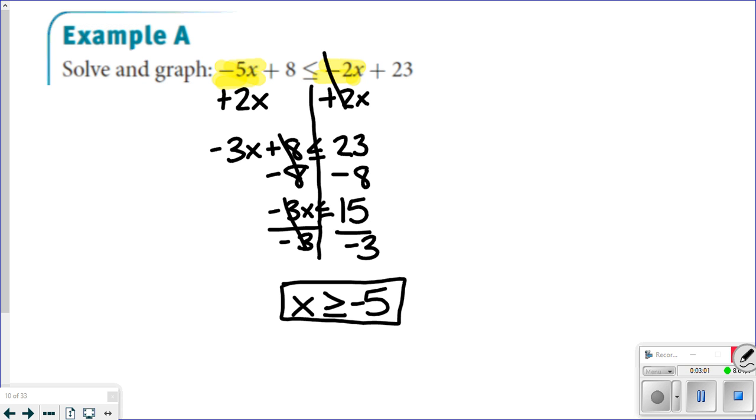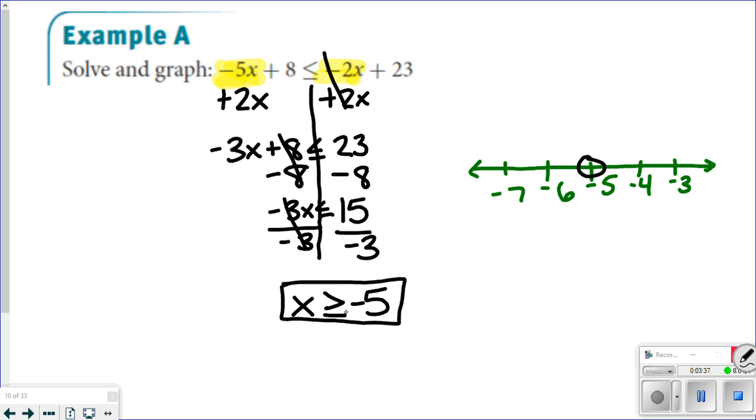But the book says that I need to solve and graph. So I'm going to draw a simple number line. I need to put my circle at negative 5.